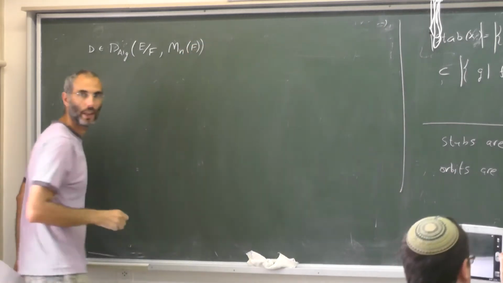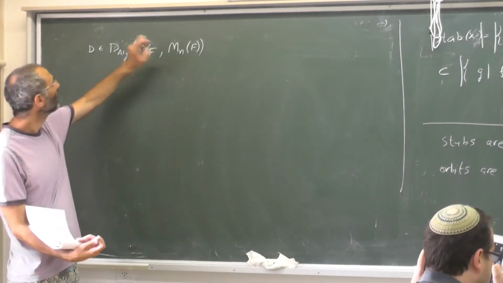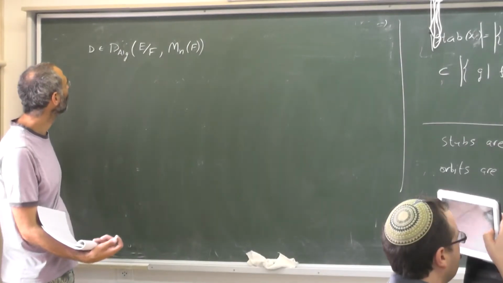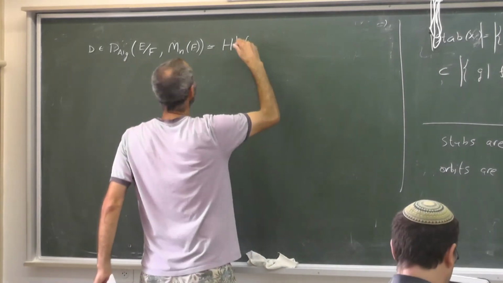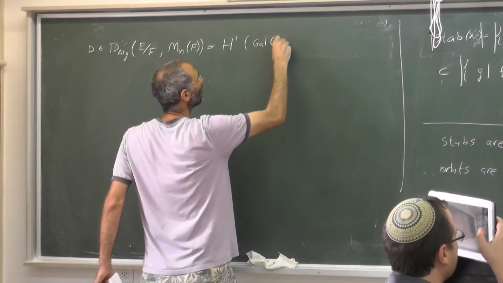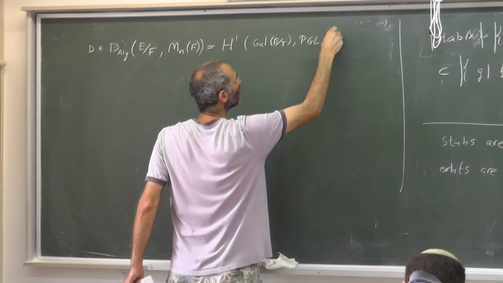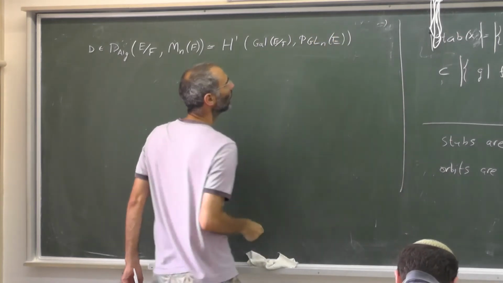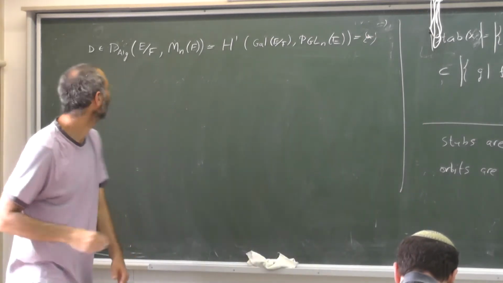What is my F? Split these. Take the algebra, which I know to be isomorphic to M_n(F) over the splitting field.